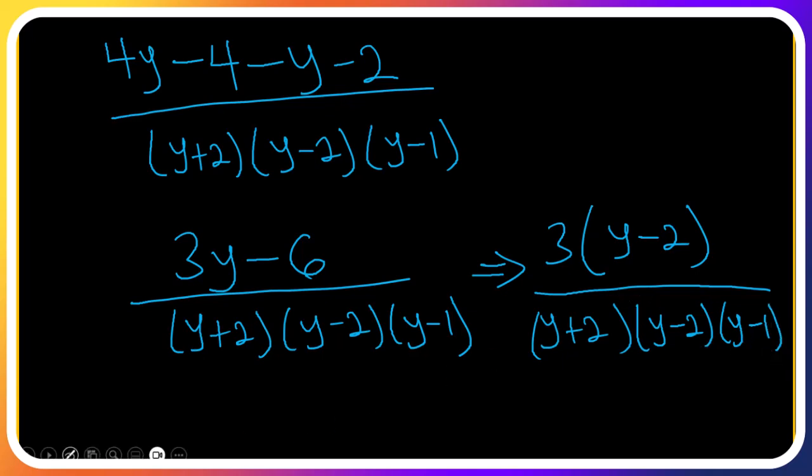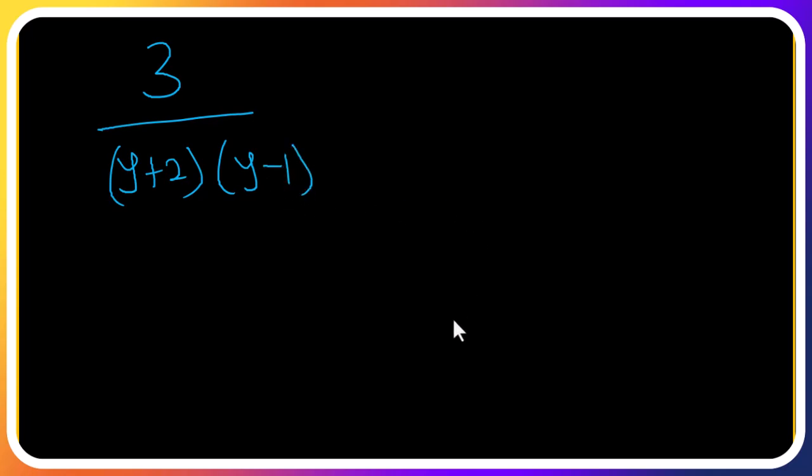So at this point we can get rid of the common factor y minus 2 here and y minus 2 here. Now the simplified form of the expression is 3 on y plus 2, y minus 1. So this is the answer to our given question.